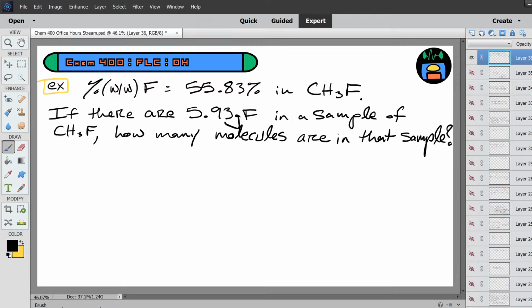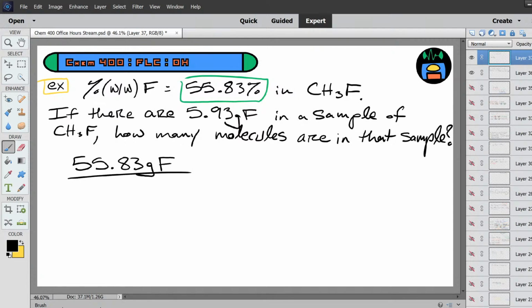Okay, so solving this problem boils down to remembering what this percent mass is all about. This is a ratio that tells you that there are 55.83 grams of fluorine in 100 grams of CH3F.